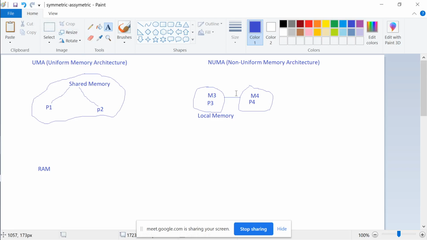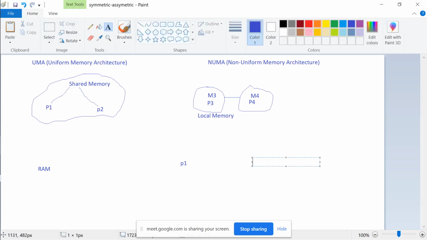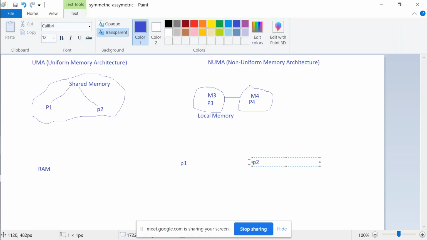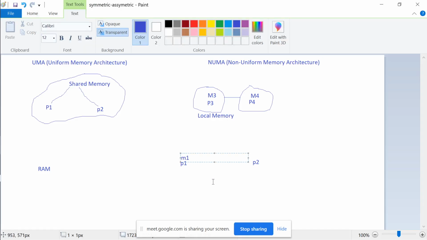So we spoke about four multiprocessor architectures, right? We spoke about symmetric, asymmetric, UMA and NUMA. Now the question is, can we mix the two? Yes, of course. You can have P1 and you can have P2. You can have M1 as local memory.